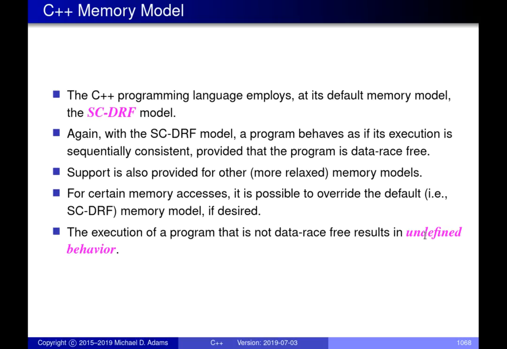Like literally, you have no clue what it will do. And it's not like some types of undefined behavior where it can be more benign, where we don't really know what it does, but we kind of know what it's likely to do in practice. In these cases, usually you really don't know. It can manifest itself with very weird sorts of bugs and very weird sorts of failures in your code.